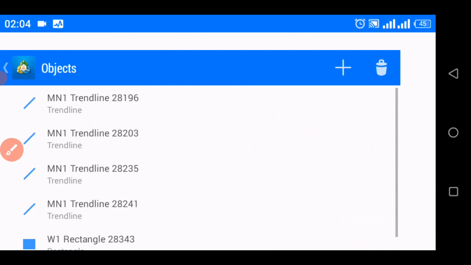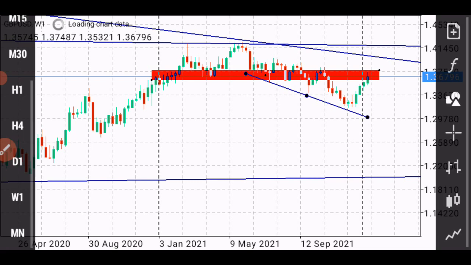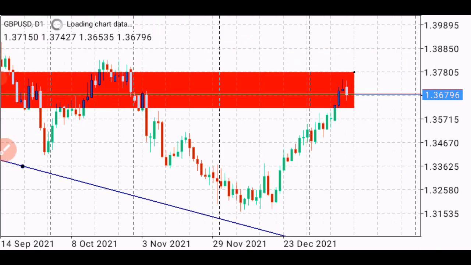Now we have another thing like this, another trend line. Let's go to the daily chart to see this trend line.